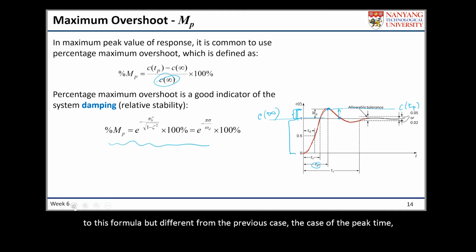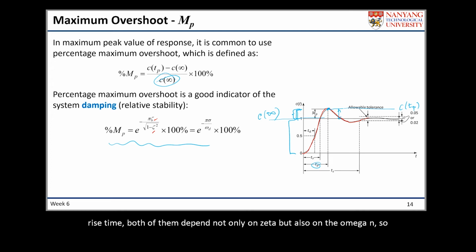But different from the previous cases of peak time, rise time, and delay time, the interesting thing about maximum overshoot is that it only depends on zeta, only one parameter of your second order system. While peak time and rise time both depend not only on zeta but also on omega n.